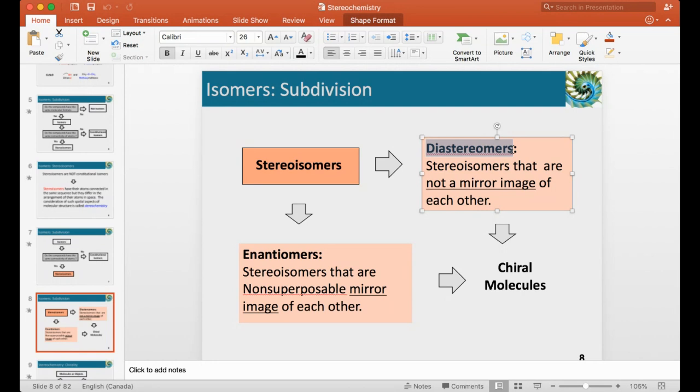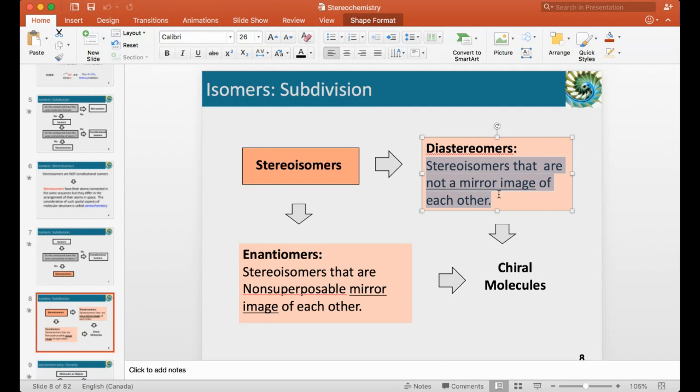And this is a big thing because, as we will see later today, and more so next semester, diastereomers have completely different physical and chemical properties, meaning that if you have a mix of diastereomers in a lab, they will have different, for example, melting points, solubility.